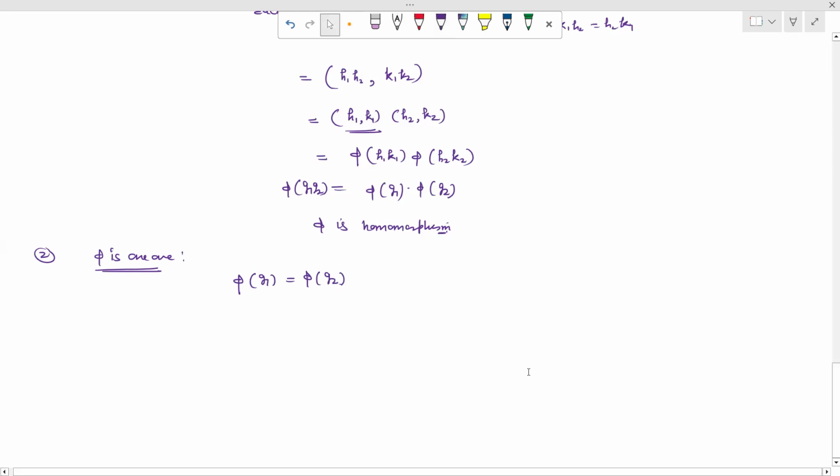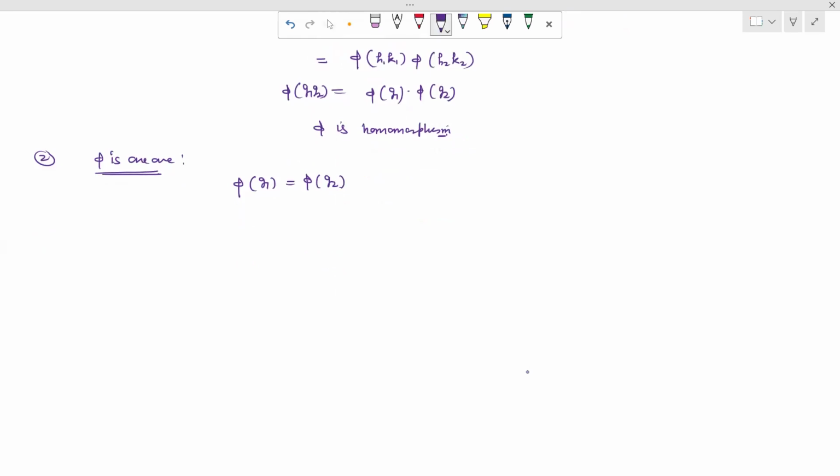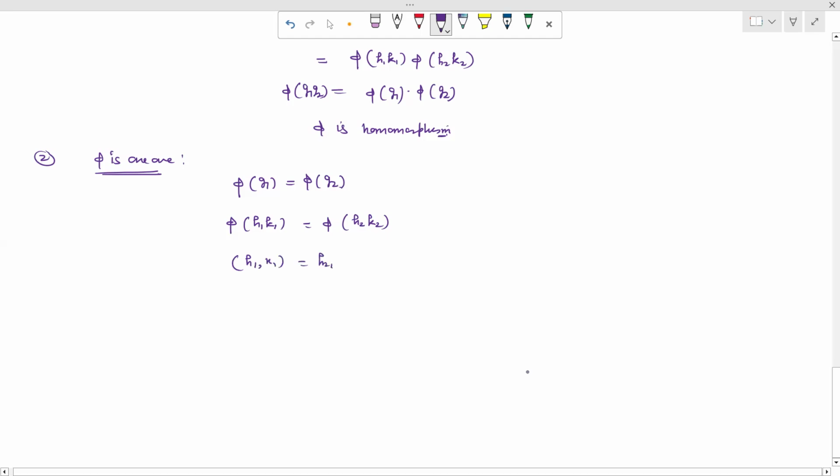So we write phi of H1 K1 is equal to phi of H2 K2. So we take two elements H1 K1, and this we can write as the ordered pair H1 comma K1 is equal to H2 comma K2.